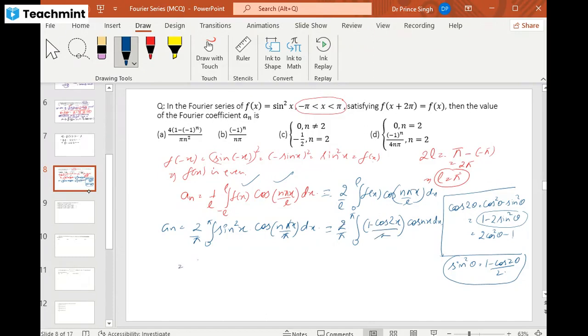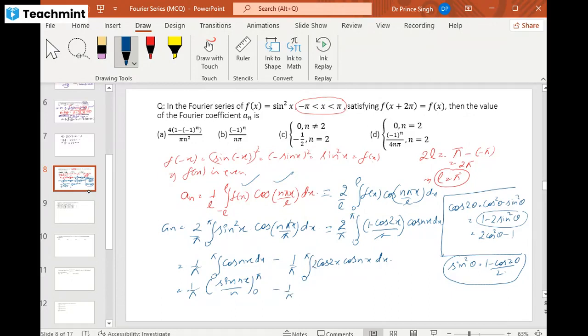We can separate this integral as 1 upon pi, integral 0 to pi, cos nx dx, minus 1 upon pi, integral 0 to pi, cos 2x into cos of nx dx. Right? So here the integral of cos nx is sin nx upon n, over the interval 0 to pi. And here we have 1 upon pi.